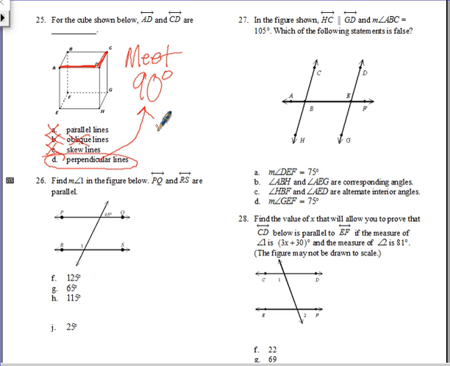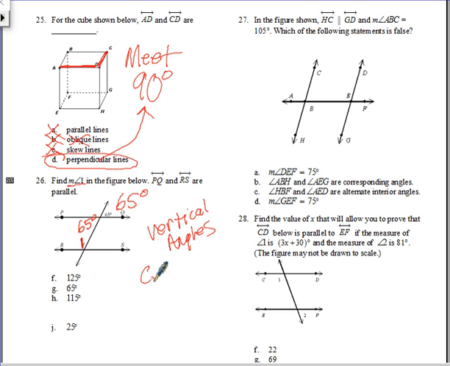All right, for number 26, I have 65 degrees, and I know that this is angle 1. I want to find the measure of angle 1, and we know that PQ and RS are parallel. So the one thing that you're going to want to know here is vertical angles. So if this is 65, then this has to be 65.